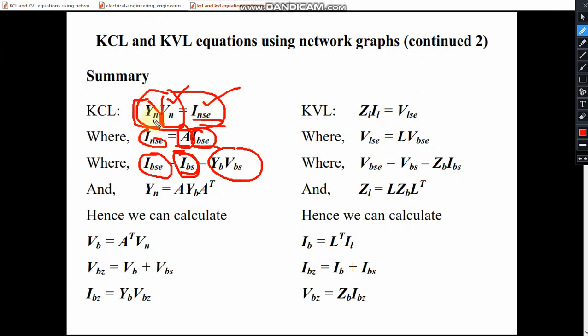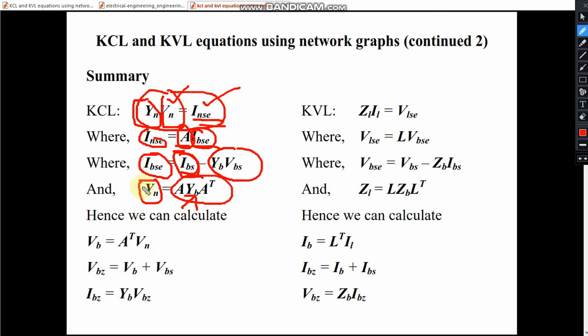How to find out this Yn? Yn is computed from the primitive admittance matrix. The primitive admittance matrix is pre-multiplied by A, the incidence matrix, and post-multiplied by the transpose of the incidence matrix. So this gives us the value of Yn, the nodal admittance matrix.